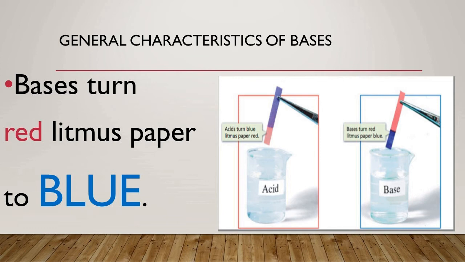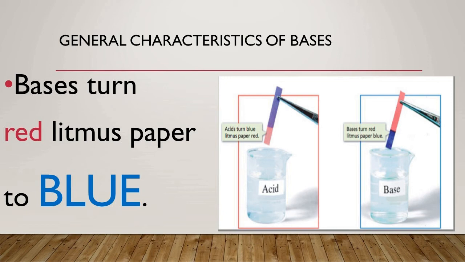You see it there in the picture that when the blue litmus paper turns into red, it is an acid or it is acidic. But on the other picture, if a red litmus paper turns into blue, it means that it is basic. So, base to blue litmus paper. B, base, B, blue. That is your clue.